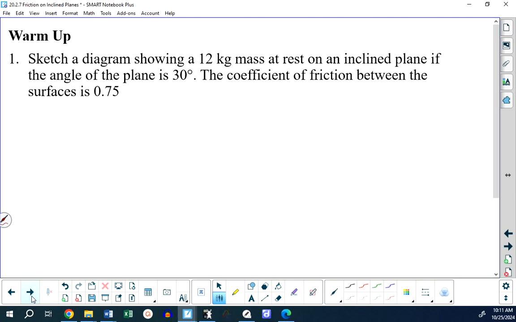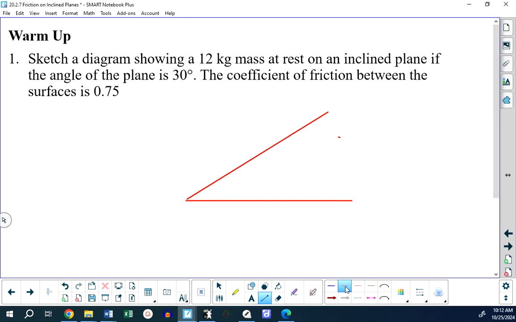So what we have is an inclined plane. You can estimate what 30 degrees is. You don't need to get a protractor. I would say that's about 30 degrees. Whether you want to complete this diagram by making a triangle out of it, by dropping this down or not, is entirely up to you. It doesn't matter.